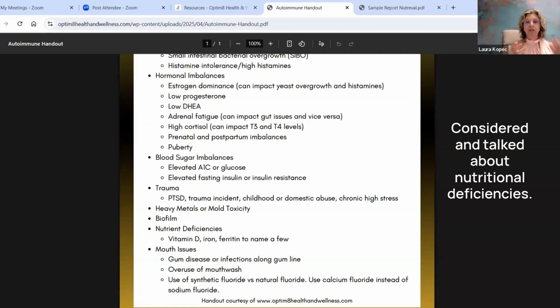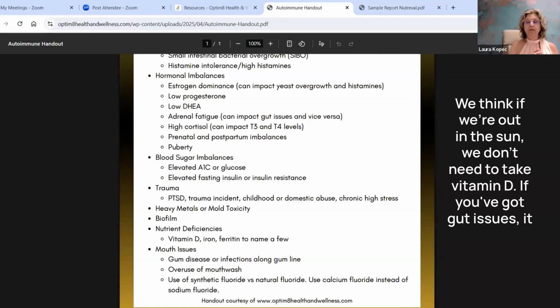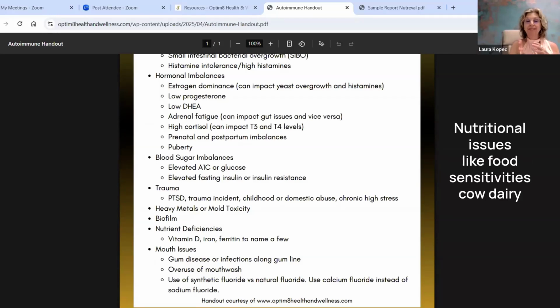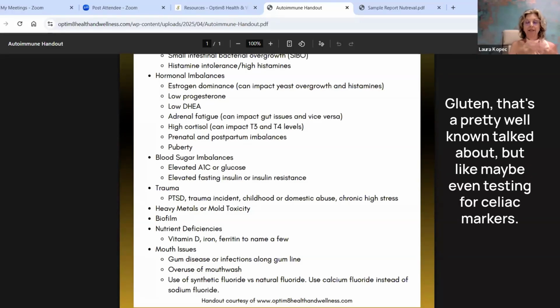Nutritional deficiencies: we think if we're out in the sun, we don't need to take vitamin D. If you've got gut issues or estrogen dominance, it may be contributing to an iron or ferritin deficiency. Nutritional issues like food sensitivities, cow dairy might be huge for keeping your thyroid inflamed. Gluten is pretty well known and talked about, but maybe even test for celiac markers.